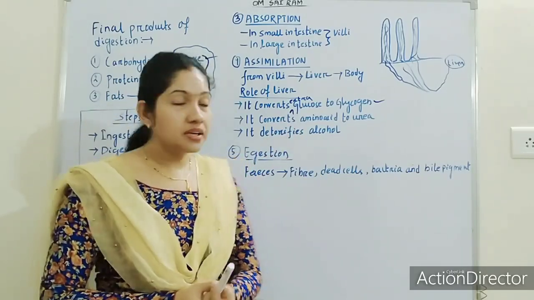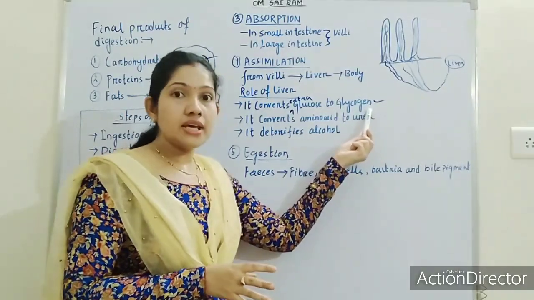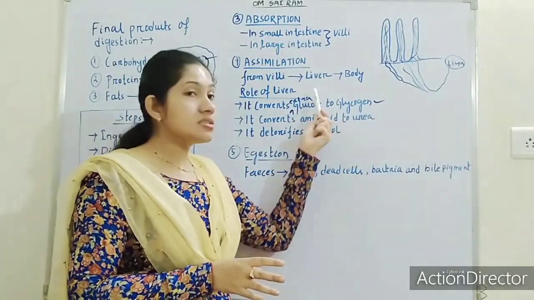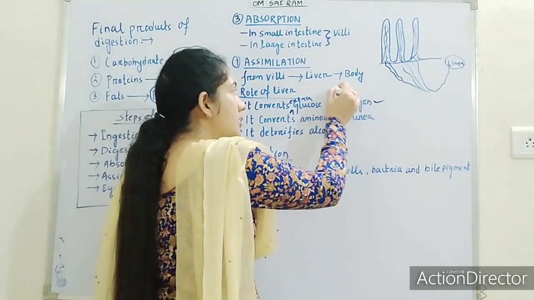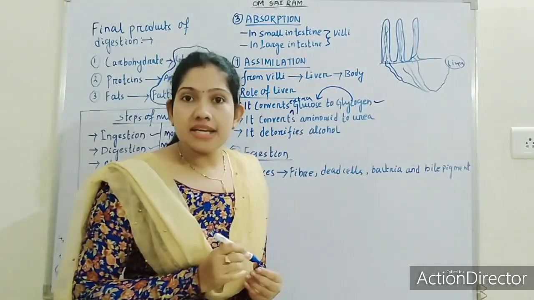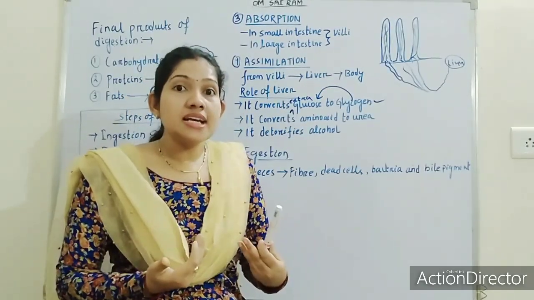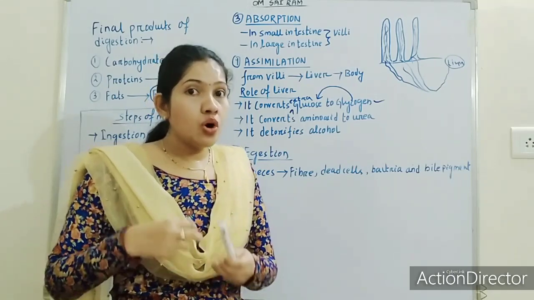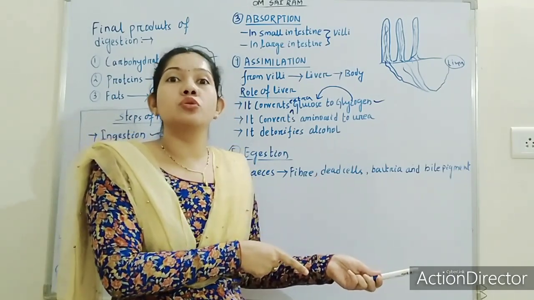Now what will happen? The extra glucose which is stored in the liver, meaning the glycogen, will be converted again to glucose when our body needs it. After the utilization of energy, our body needs energy again, so the stored glycogen in the liver will convert back to glucose.